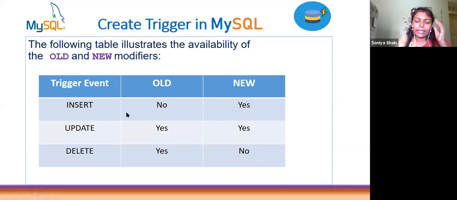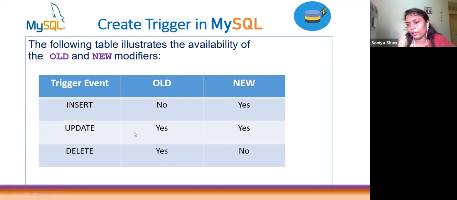Just keep this concept in mind, because you use old and new for every purpose, and that is wrong. Where to use old and where to use new, you have to make clear with the help of these tables. In insert, old has no importance and only new has importance, the new value being inserted.